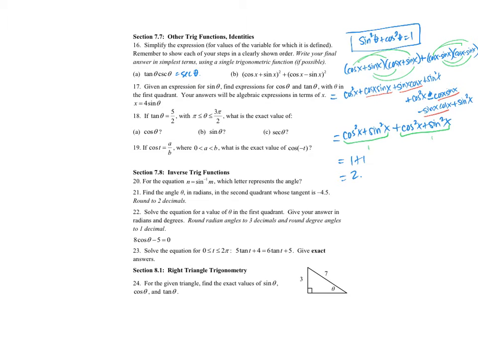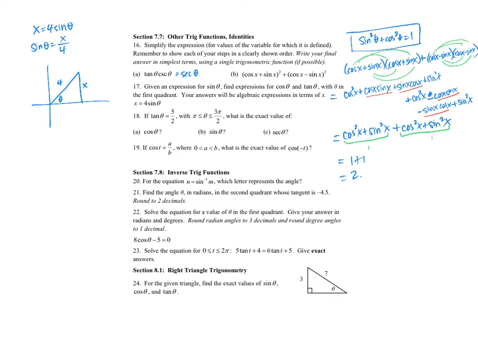So if I know that x is equal to 4 sine theta, then I can divide both sides by 4, and I get sine theta is equal to x over 4. So I can draw my triangle in the first quadrant and label my angle theta here. And I know sine theta is x over 4, so I can label this side as x and this side as 4.